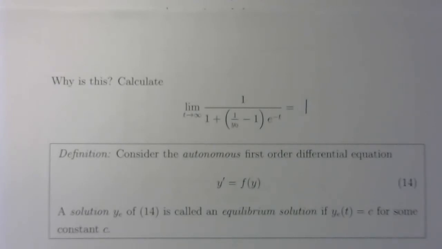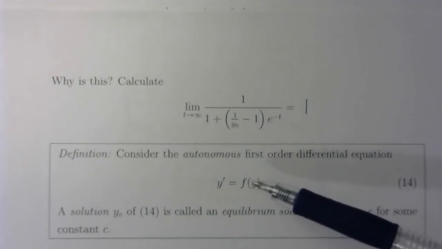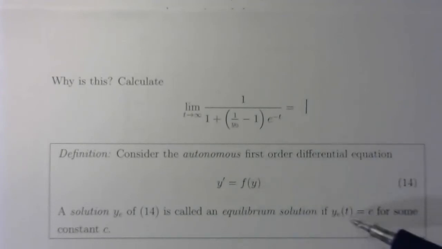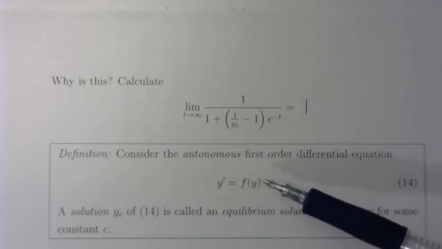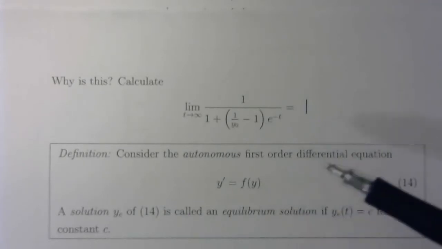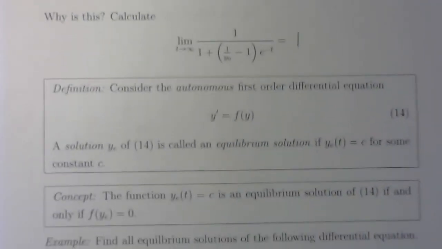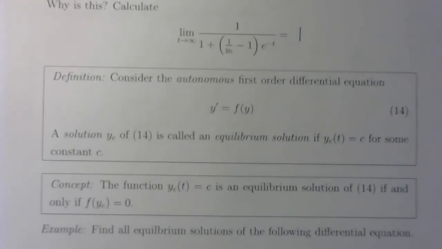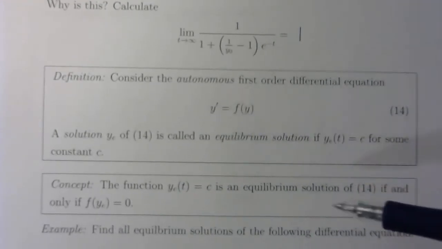So let's explore this more, but first let's recall that autonomous differential equations have this idea of an equilibrium solution. If I find a place where the y is constant, which is equivalent to saying where f of y is equal to 0, that's the concept here below. If y is a constant, the derivative is 0.